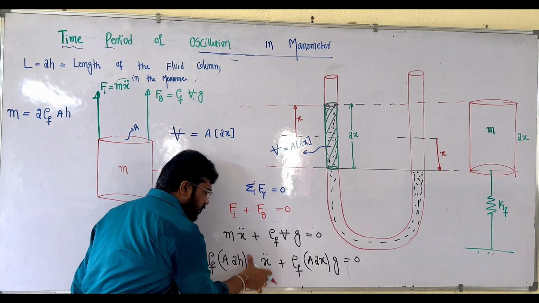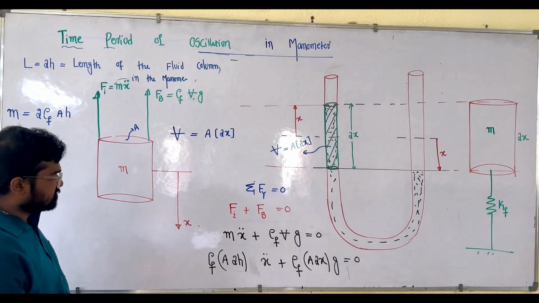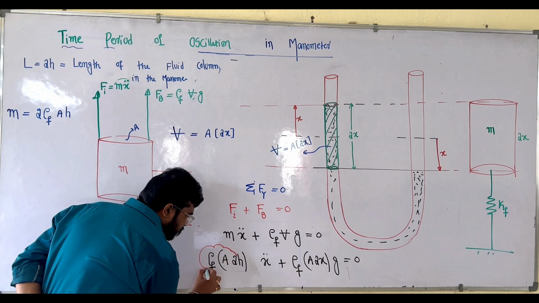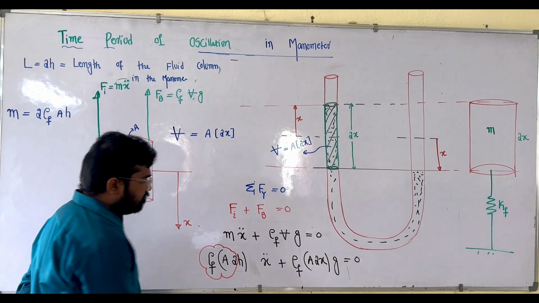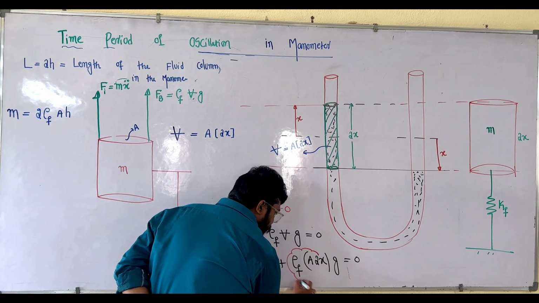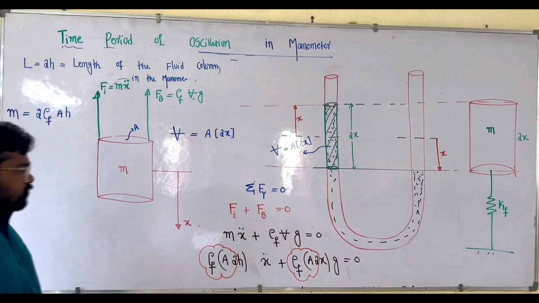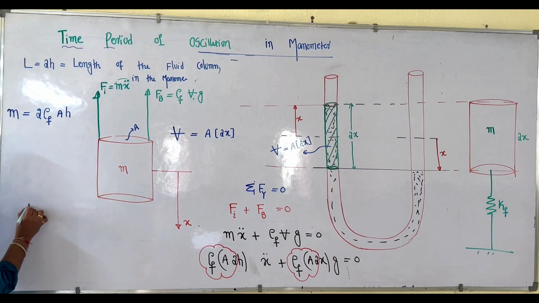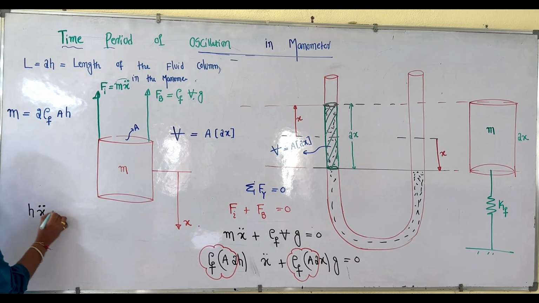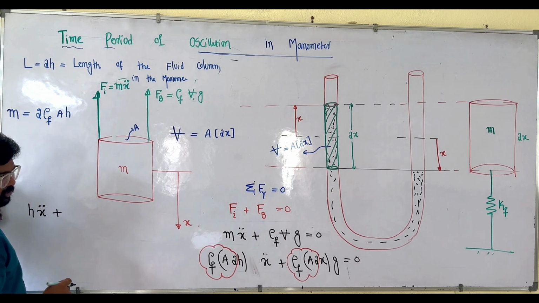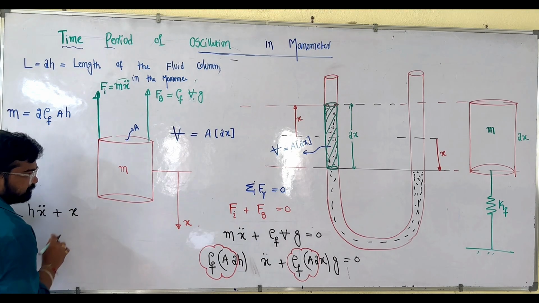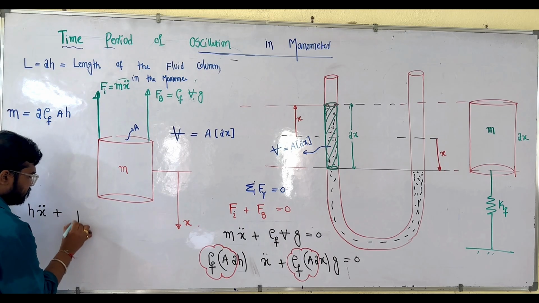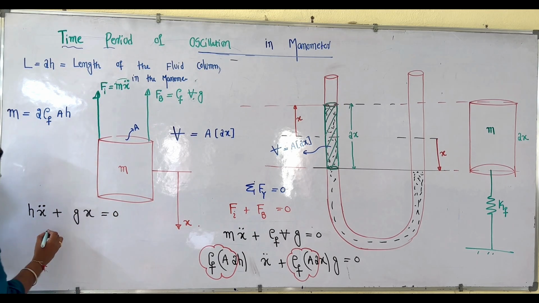Here the G won't come with mass only. Here 2A into density of the fluid is cancelled. Then h x double dot plus G into x equal to 0.